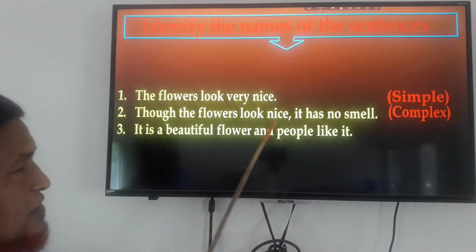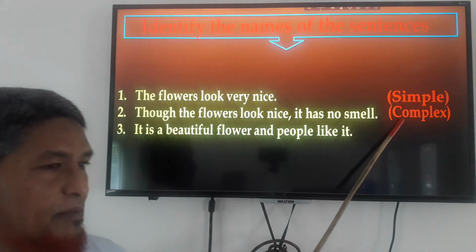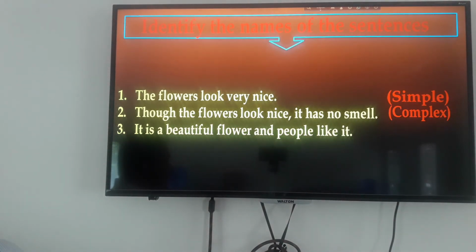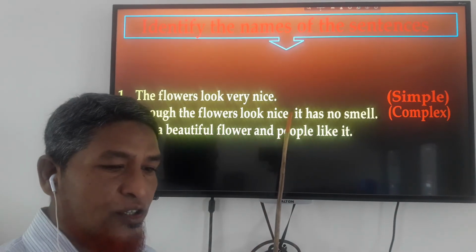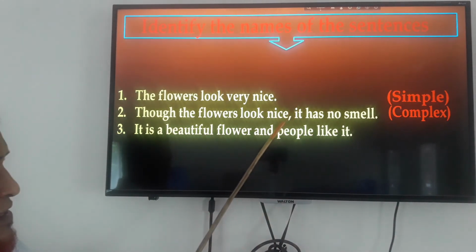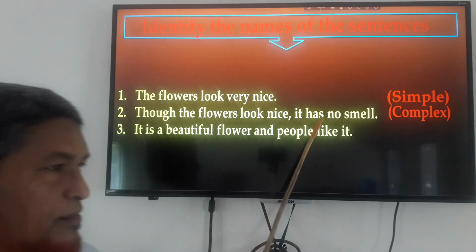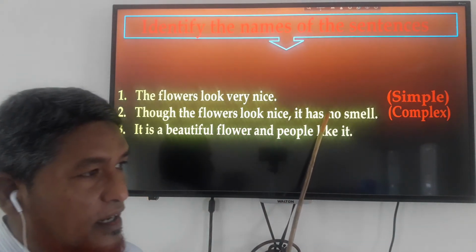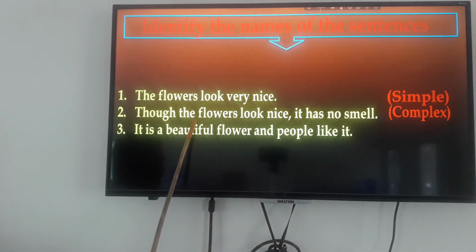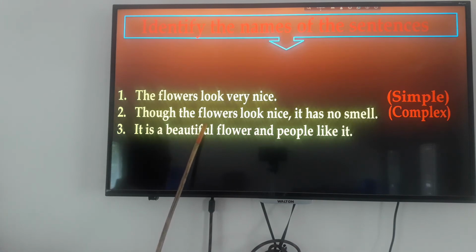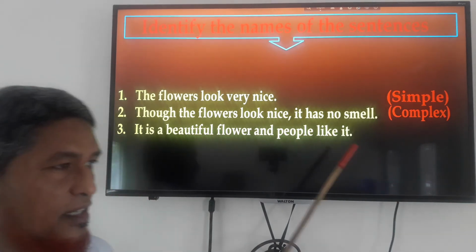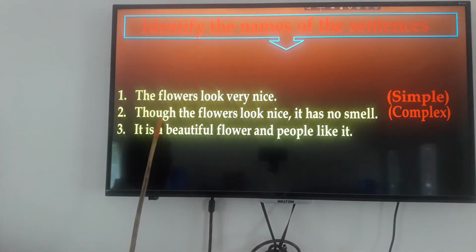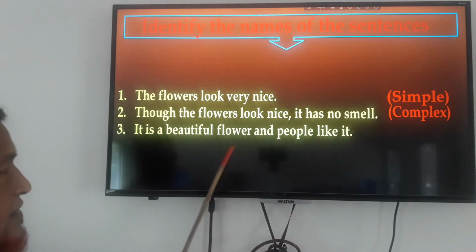Adding both clauses forms a complex sentence. In a complex sentence there will be two clauses or more. One is the principal clause and the other will be the subordinate clause, and the subordinate clause will be added with a subordinating conjunction. So it is a complex sentence.